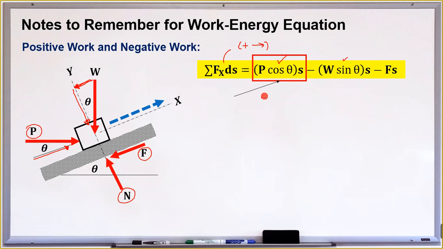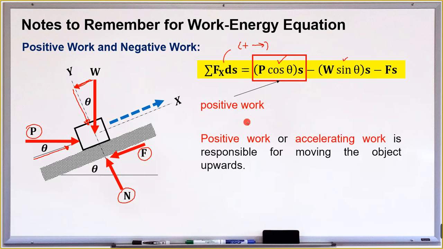Now, for the positive work, obviously it is called positive work. And when we say positive work, the other term is also the accelerating work, because this is responsible for moving the object upwards.